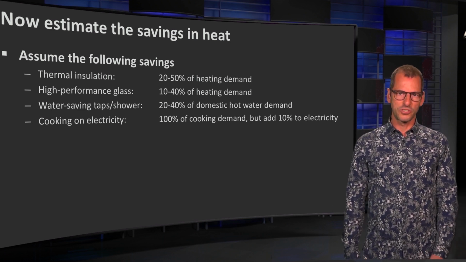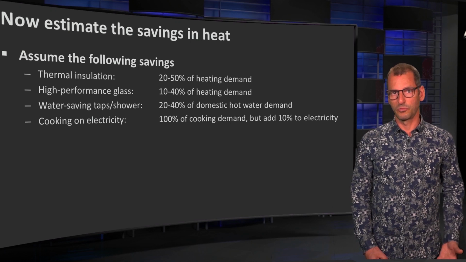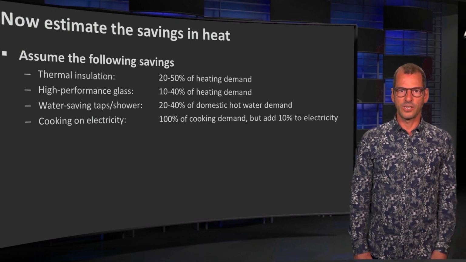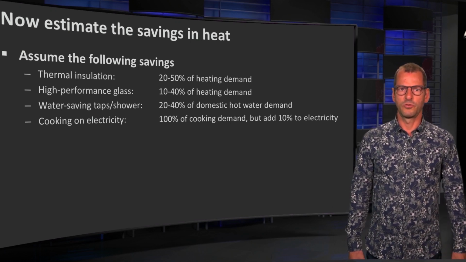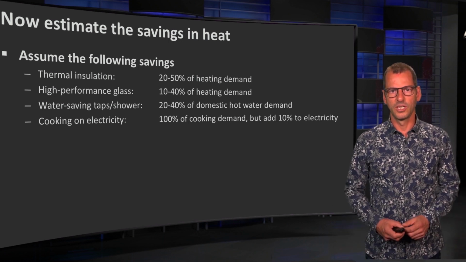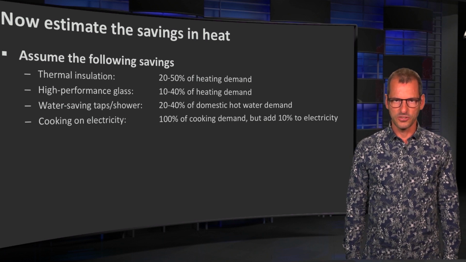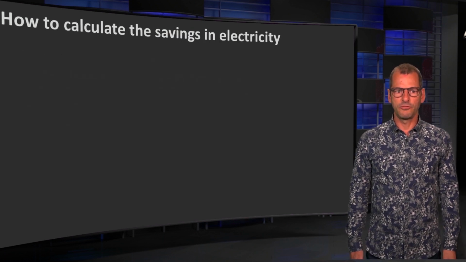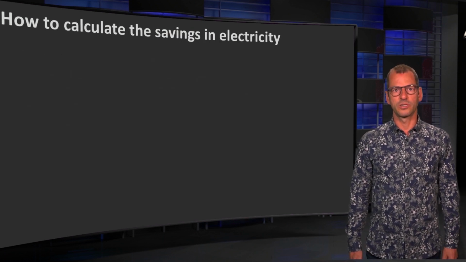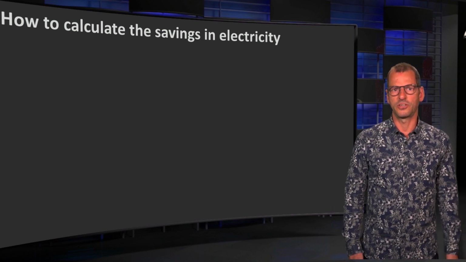In that sense, of course, you save all the energy used from fuels and it shifts to electricity. So the reduction that you have on heating, you have to add, of course, a little bit on electricity use. Now, if you also want to do a similar exercise for electricity, these are figures you can think of.